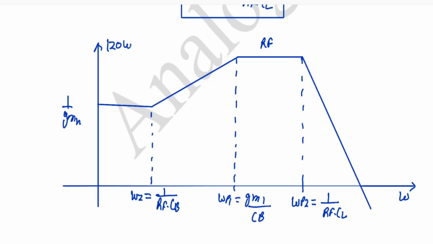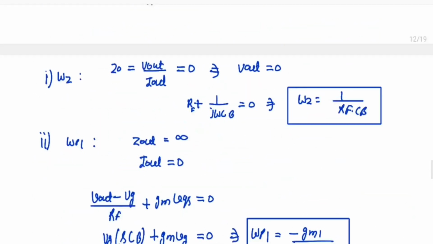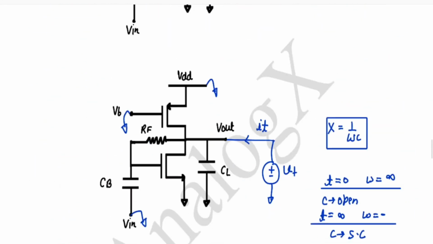This may look like a lengthy process. You can directly use this concept. I just explained how we actually do it internally. We do these things only when we use direct analysis. You can use direct analysis by just looking at this circuit.